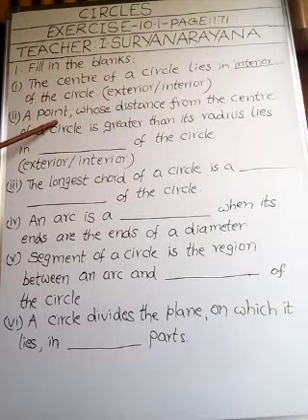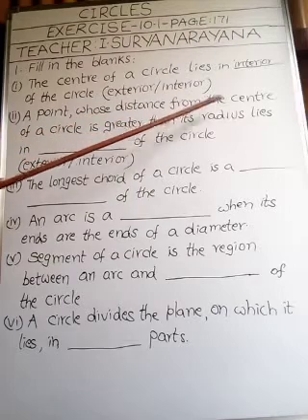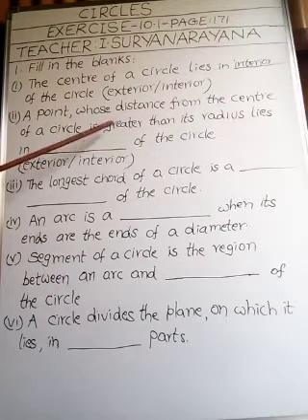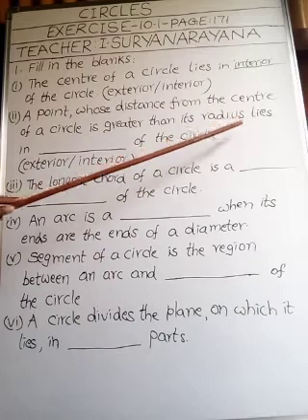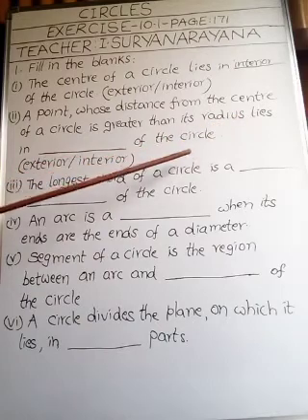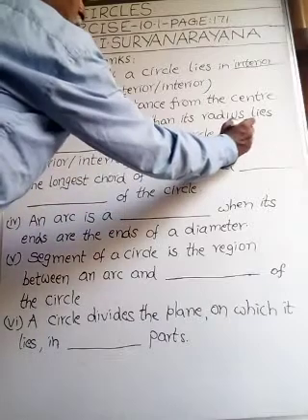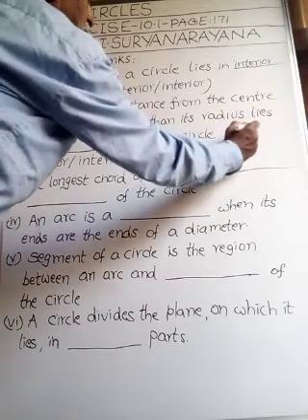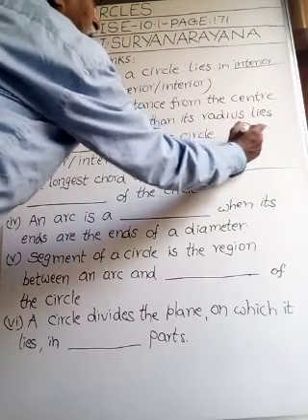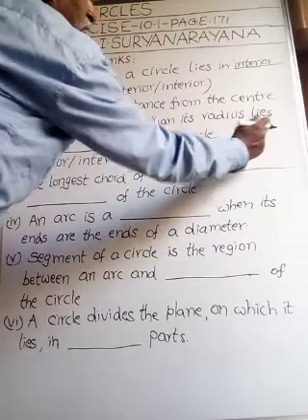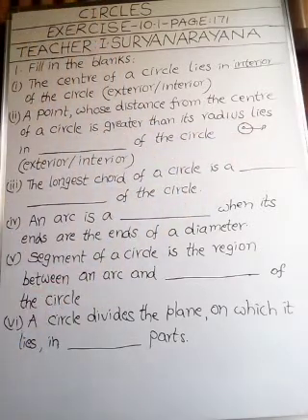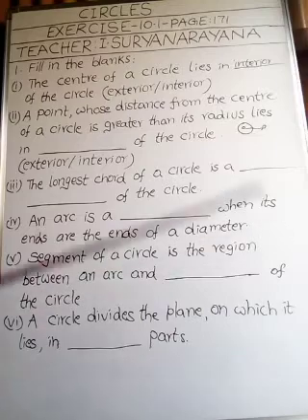A point whose distance from the center of the circle is greater than its radius lies in dash of the circle. Understood this point, my children? Suppose a point is there here, and the center here. The length of the distance between these 2 points is more than the radius of the circle.